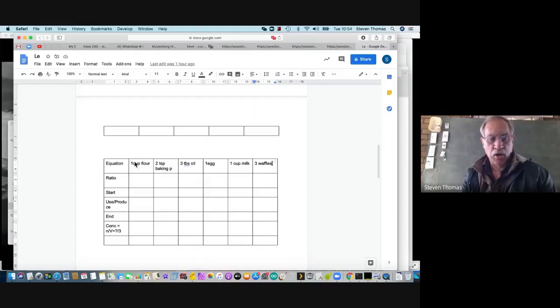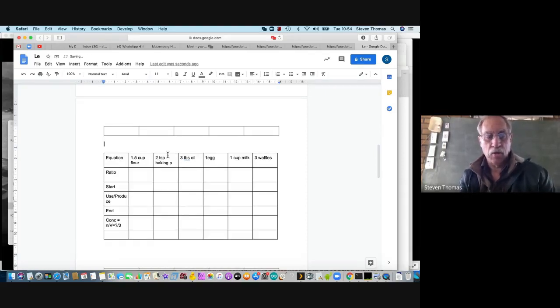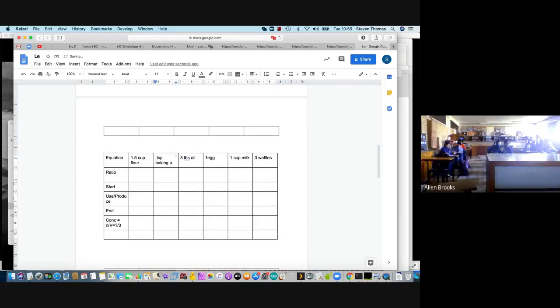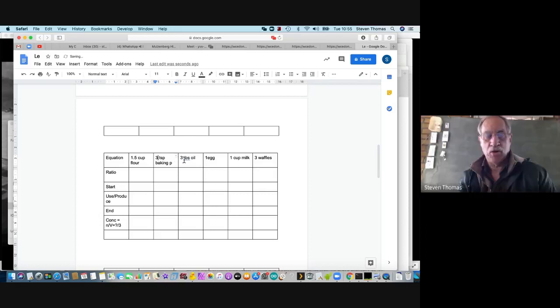Okay, so here is the recipe. 1.5 cups flour, 3 teaspoons baking powder, 3 tablespoons of oil, 1 egg, and 1 cup of milk, and we're going to get 3 waffles out of it.